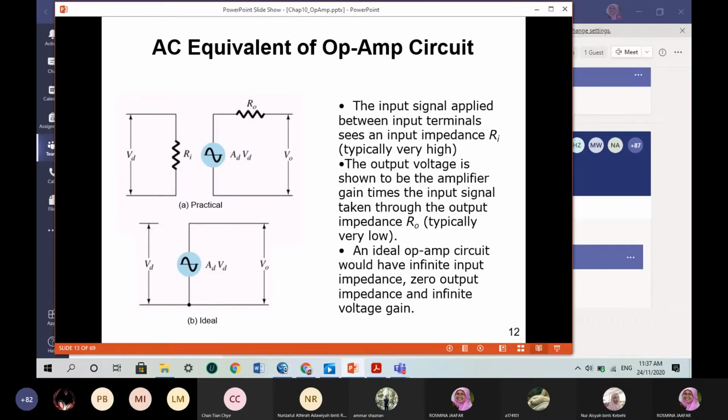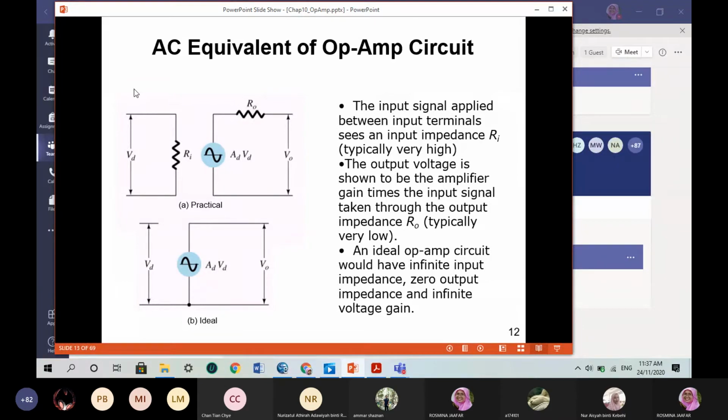Okay, because an op-amp consists of many transistors inside it, we can evaluate an op-amp circuit by evaluating the AC equivalent of the transistors. Despite the many transistors inside the op-amp, we can always represent it as one circuit.